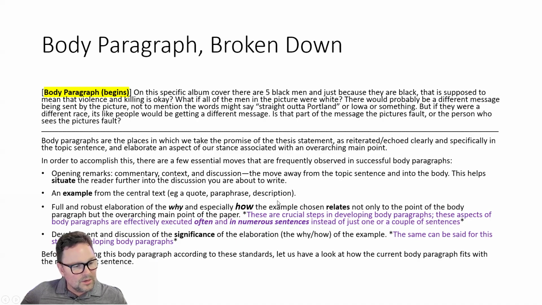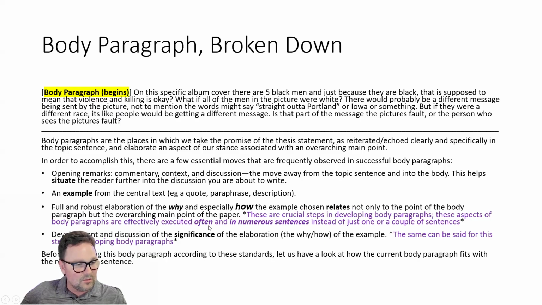And so you leave your reader with no doubt as to why you think this particular example from this particular album cover means something having to do with race and racism. Okay. You'll want to do this often and in numerous sentences in your body paragraphs, plural.